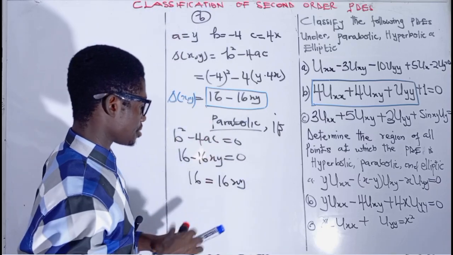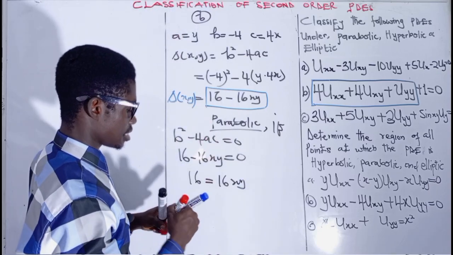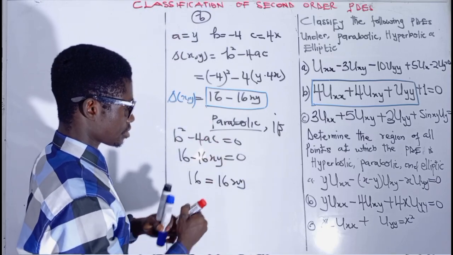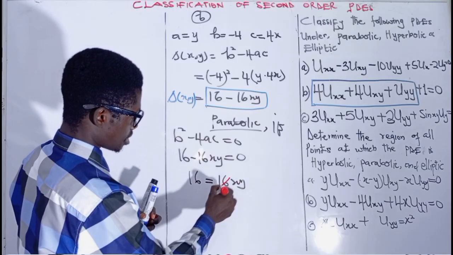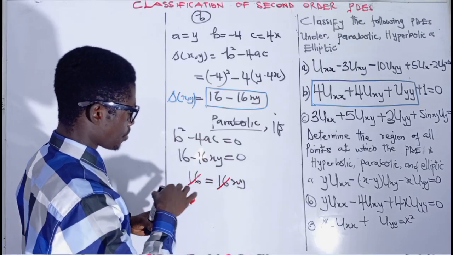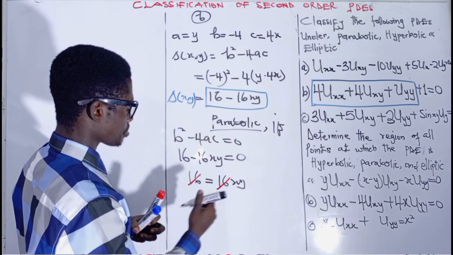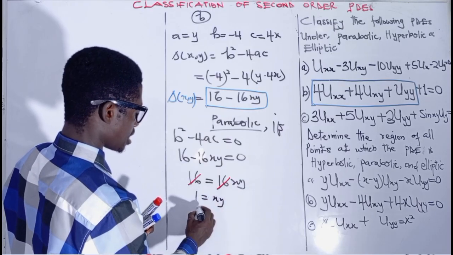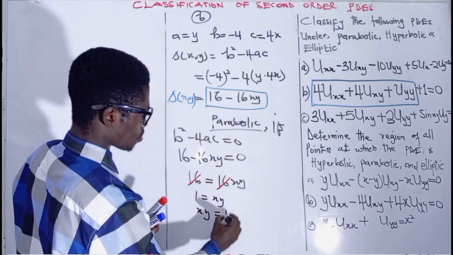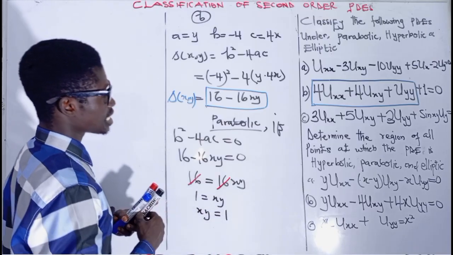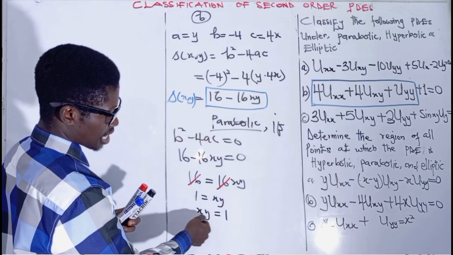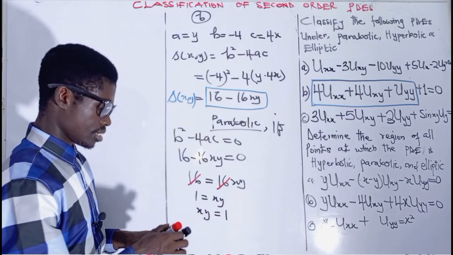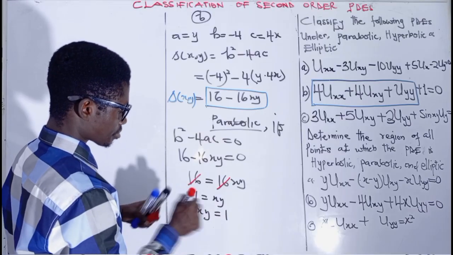And we can see that 16 will cancel 16. We are left with what? 1. 1 is equal to what? xy. So you can say that the equation is parabolic if xy is equal to 1. So we have our first one.